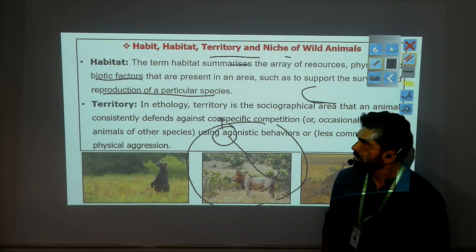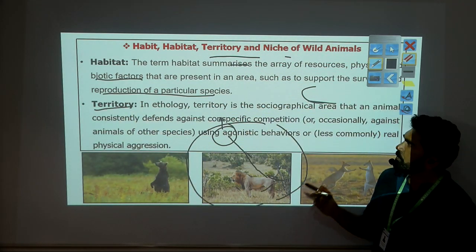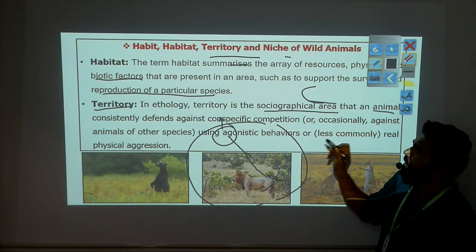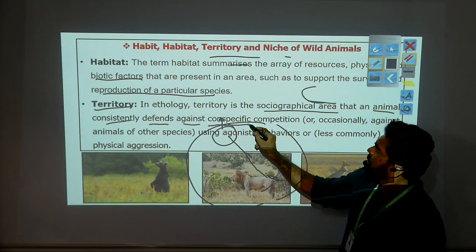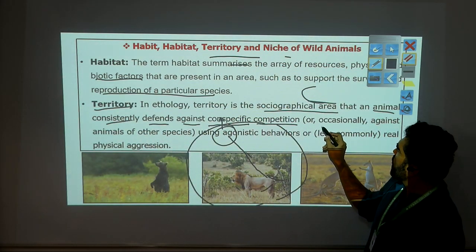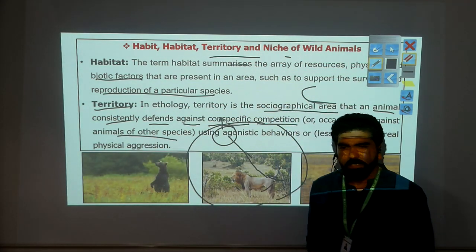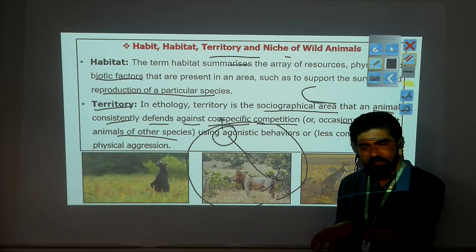Then next is the territory. Territory is a socio-geographical area that an animal consistently defends against competitors, or occasionally against animals of other species. Territory is such an area where the animal gets each and everything.